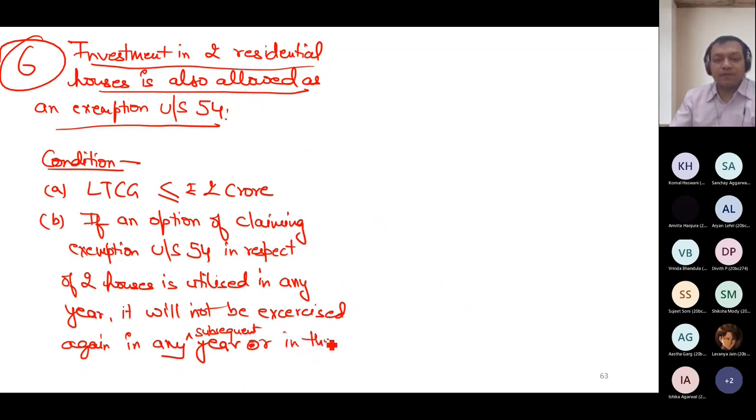This is only a lifetime option. So the assessee should choose carefully whether he or she wants to avail this benefit now, or in future. This is a lifetime option only for those whose LTCG does not exceed 2 crore rupees.